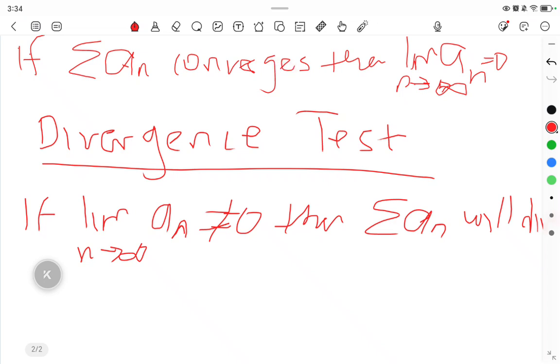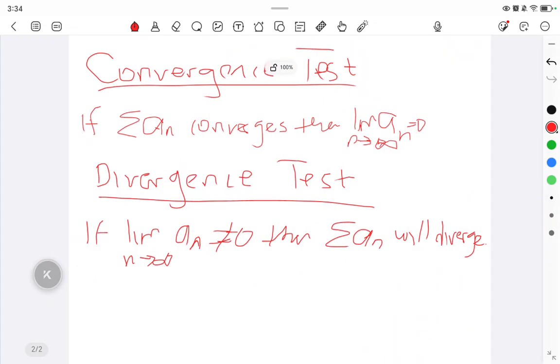So now when we come to stating a comparison test, let me create a new page.